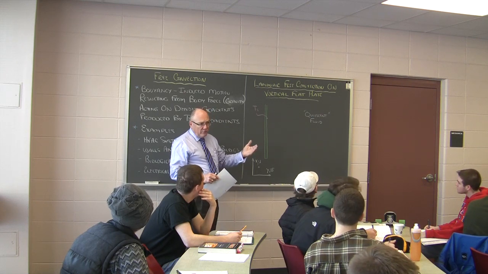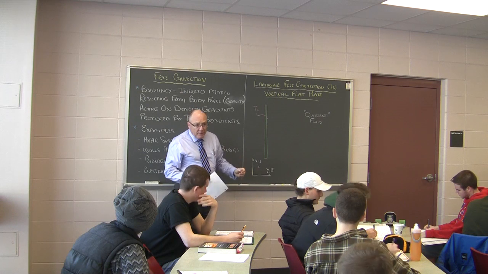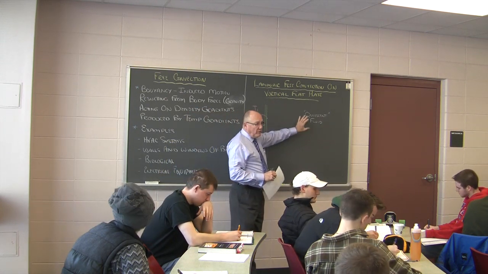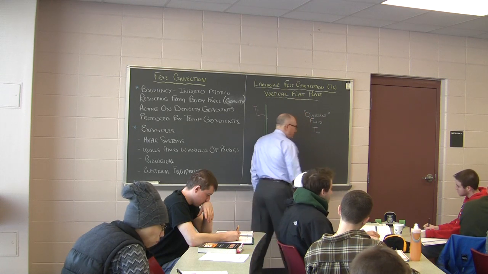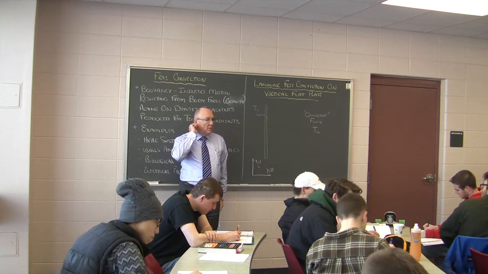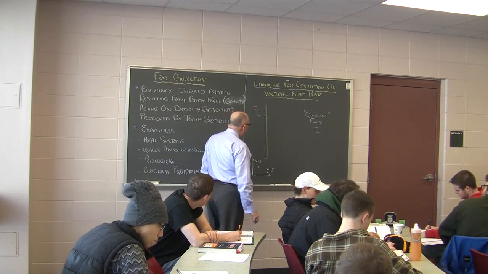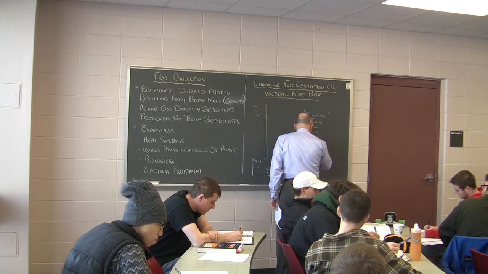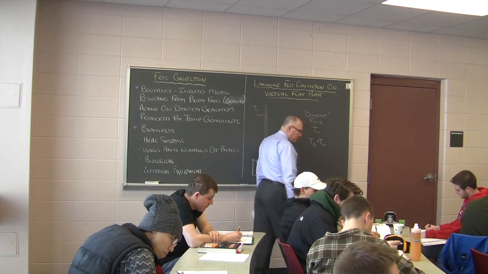Sometimes I use air, I should be saying fluid, but more often than not, free convection deals with air. So typically it is a quiescent fluid out here, and it's at some temperature T infinity. And what's its velocity? 0. Thank you. Okay?